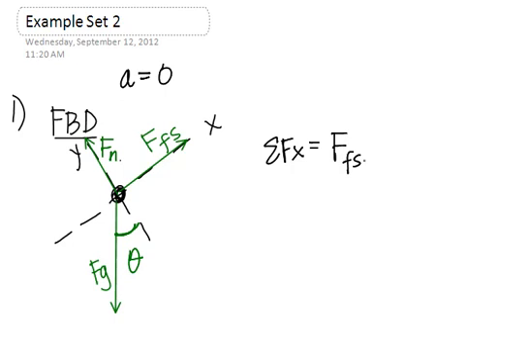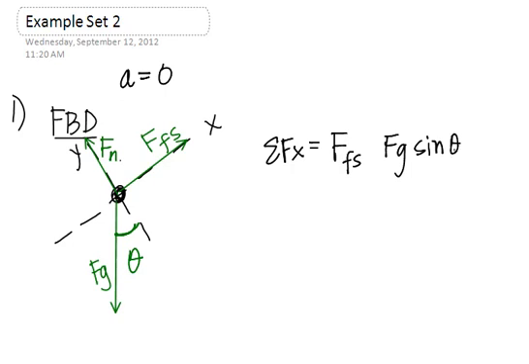Now go on around. Weight. Is weight pointing in the x direction, the y direction, or both? It's both, so we need to include its x component. If you look at your notes, the x component of the force, because it's opposite of the angle, would be FG sine theta.